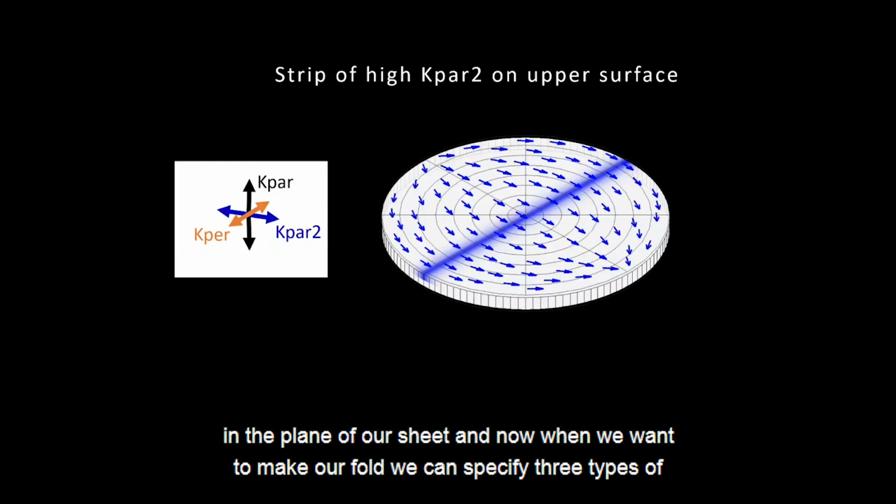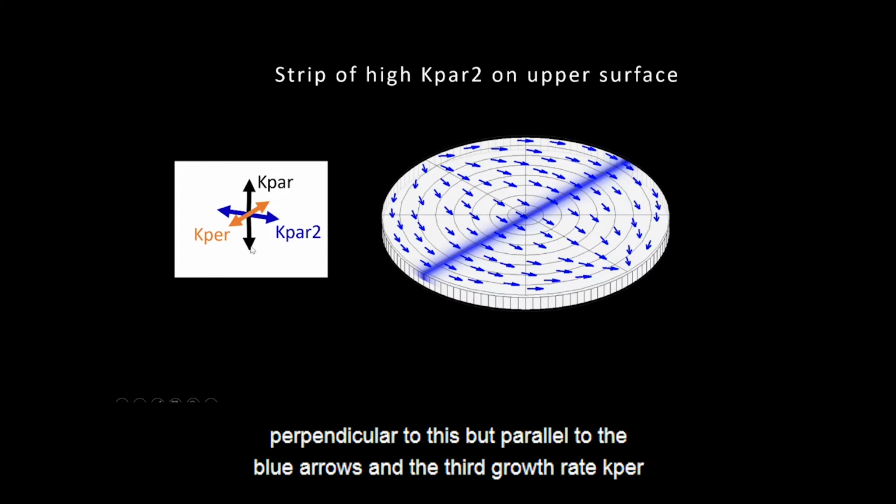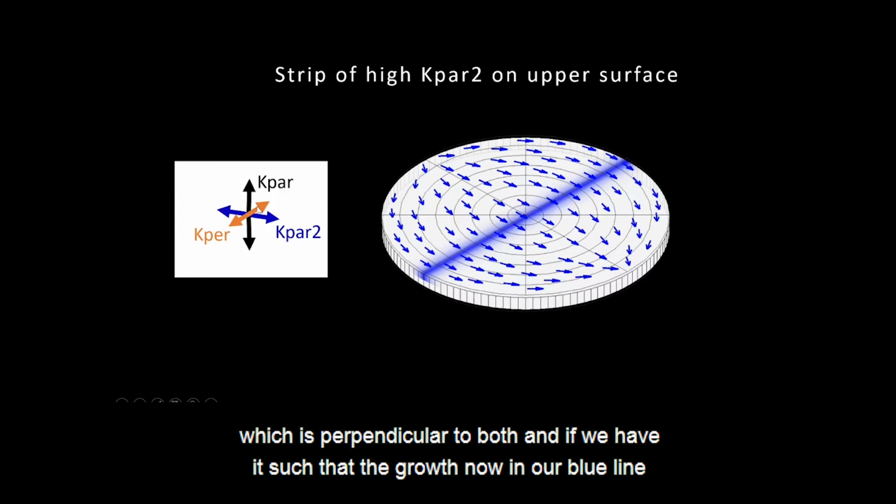And now when we want to make our fold, we can specify three types of growth direction. There's what we call Kper, growth parallel to the black arrows. Kper2, growth rate perpendicular to this but parallel to the blue arrows. And a third growth rate, Kper, which is perpendicular to both.